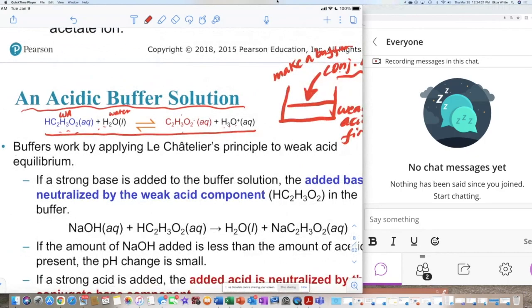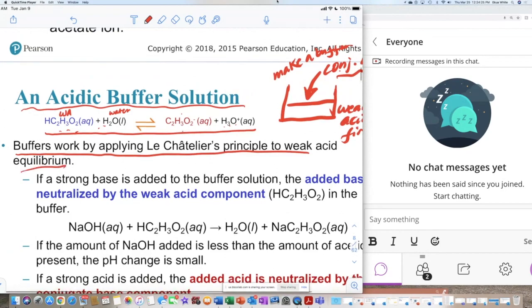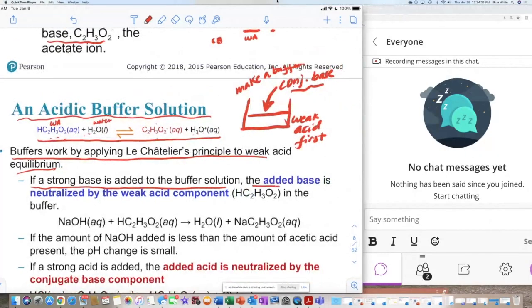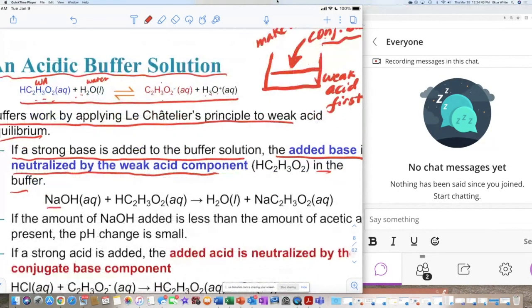So buffers work by applying Le Chatelier's principle to the weak acid when you're trying to make it. If a strong base is added to the buffer solution, the added base is neutralized by the weak acid component in the buffer. Okay? So they're showing you here how the buffer will work.